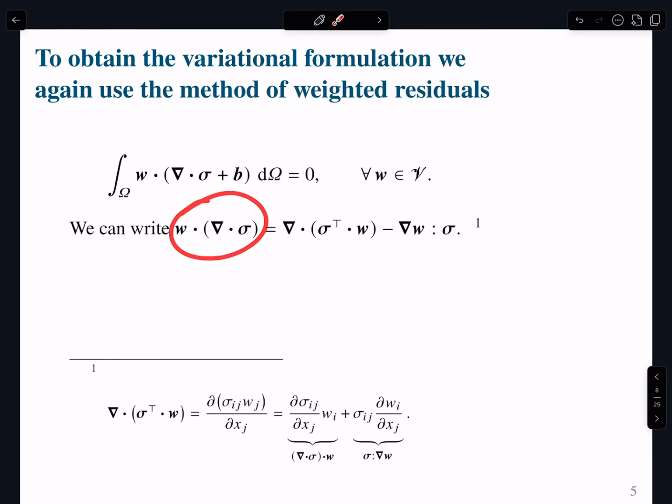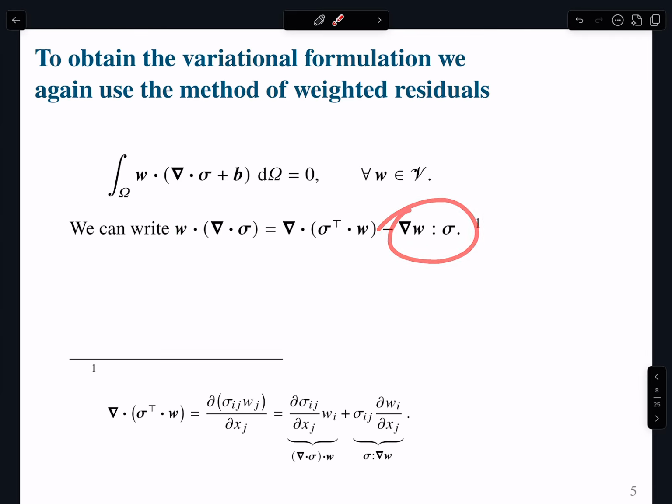So this whole thing on the left is a scalar. Now, this is a vector. If I apply the transpose of the stress tensor to a vector, it gives me a vector, and then if I take the divergence of a vector, it gives me a scalar. So far we have a scalar here and a scalar here.